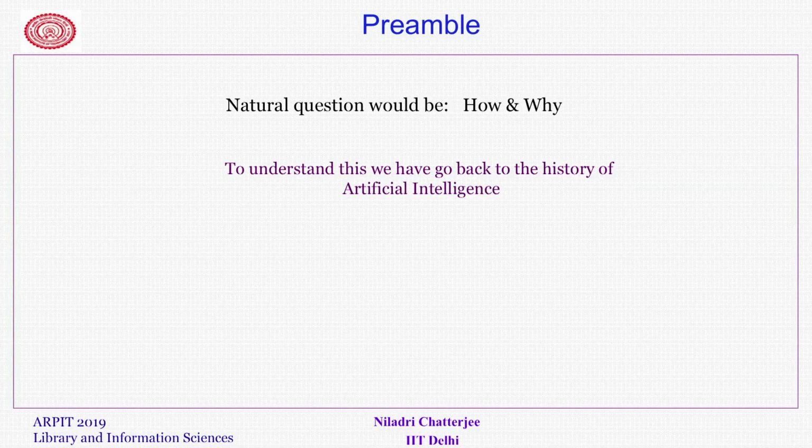To understand this, we have to go back to the history of artificial intelligence. A common question that people often ask me is that artificial intelligence is a new thing, so why did it become so popular so quickly? In fact, that is a wrong notion.